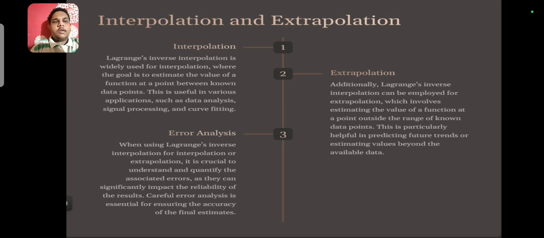Extrapolation. Additionally, Lagrange inverse interpolation can be employed for extrapolation, which involves estimating the value of a function at a point outside the range of known data points. This is particularly helpful in predicting future trends or estimating values beyond the available data.